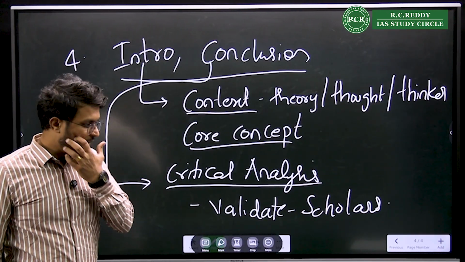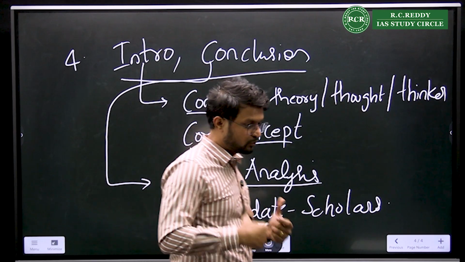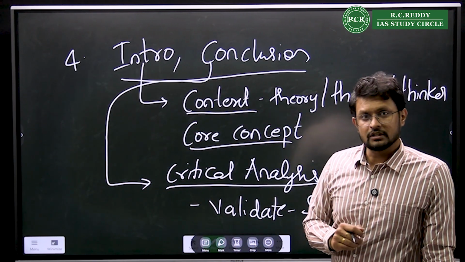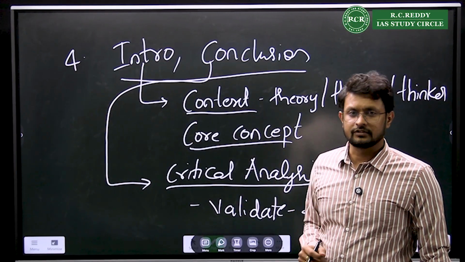Let us use one question that is given to us by the student in our PSIR group. Let us try to work on the question and develop a good answer for that question.